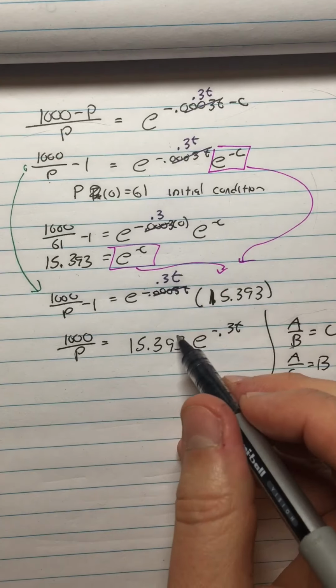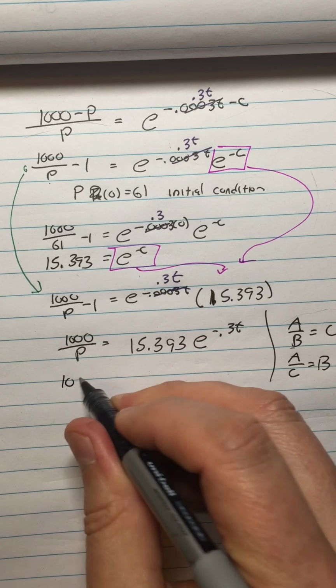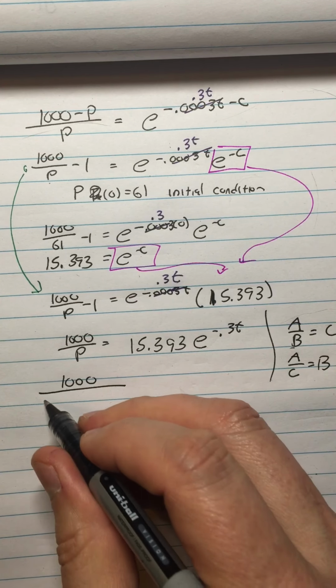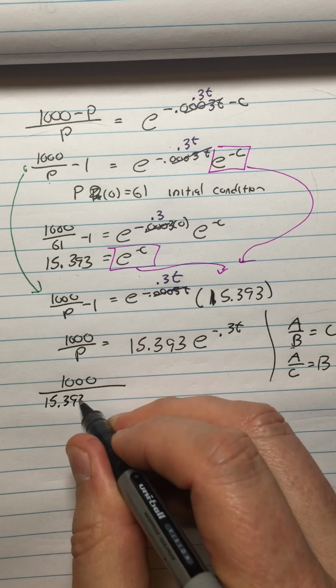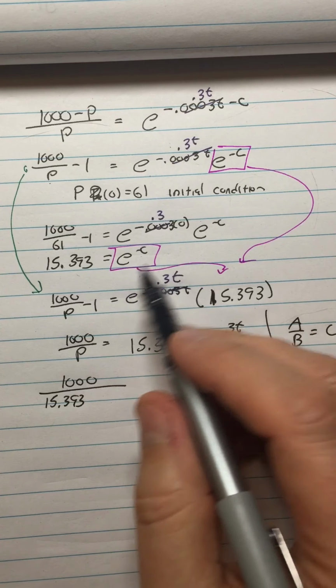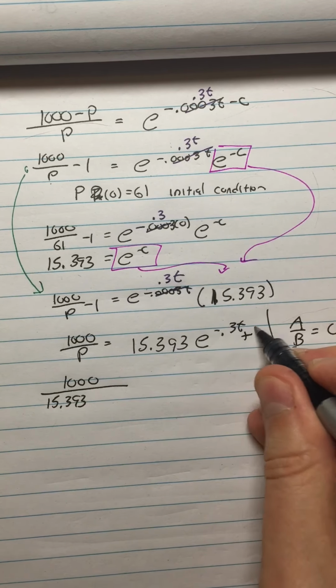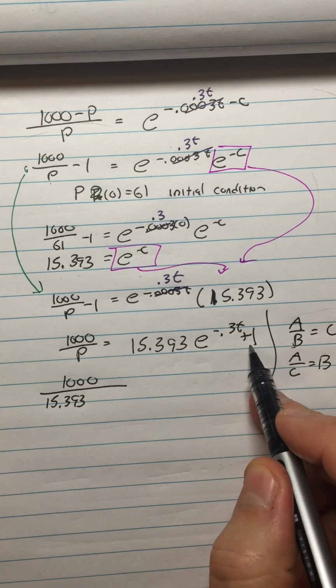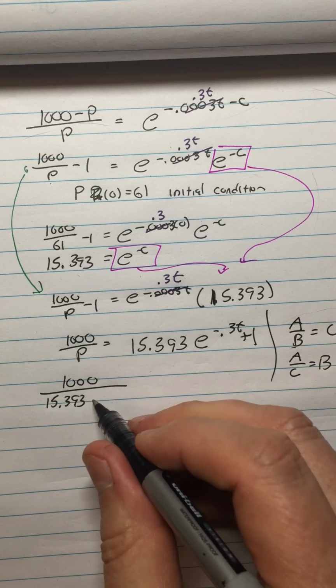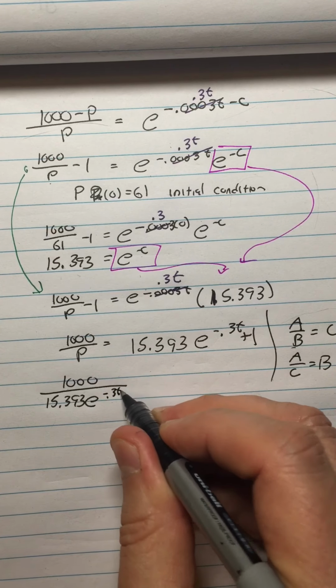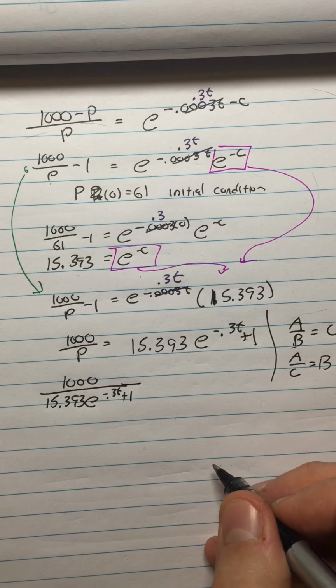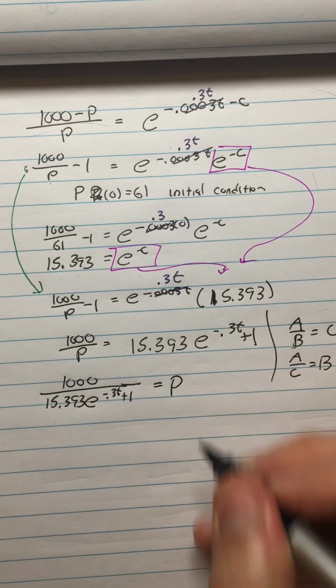So I always think of it like we can always just switch the number in the denominator. 1,000 over 15.393. Where'd my plus 1 go? Plus 1 here because minus 1 here, plus 1 there. All right. E to the negative 0.3t plus 1 equals p. And there you go.